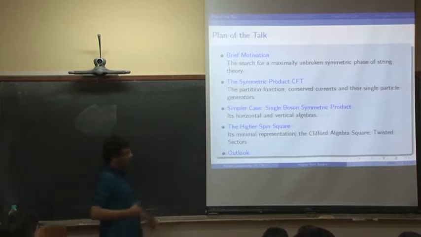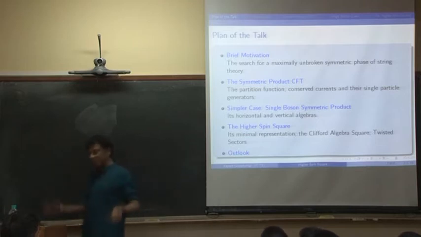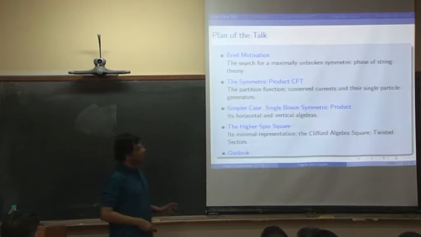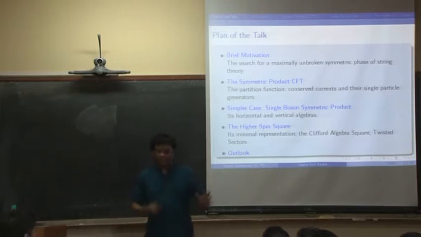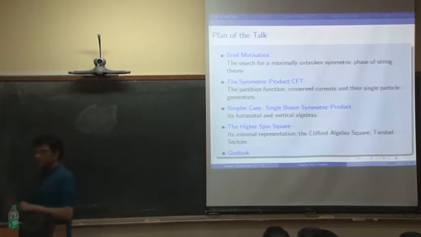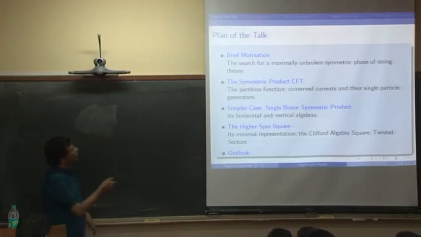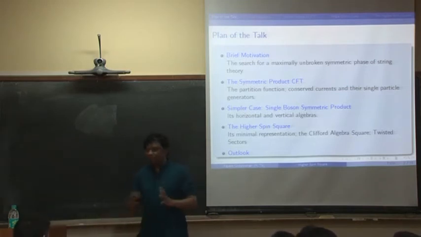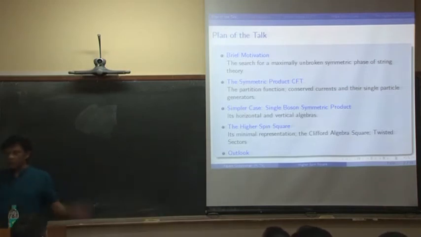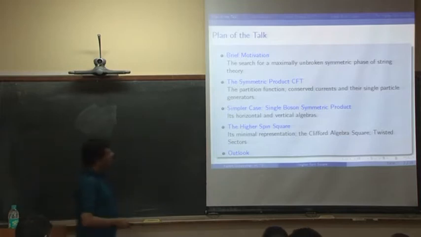Many of its structures are very analogous, except the symmetry is much bigger, and therefore its representations are much bigger, and so on. Since we have some understanding of the Vasiliev theory, perhaps this might be a useful way to characterize the full string theory and its unbroken symmetries. Finally, I'll end with some outlook.